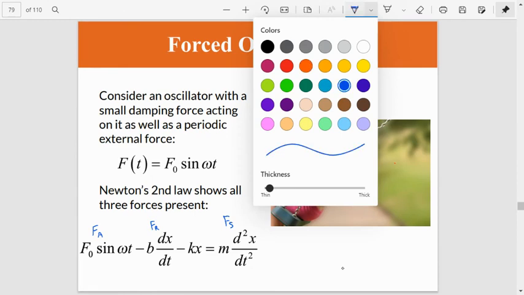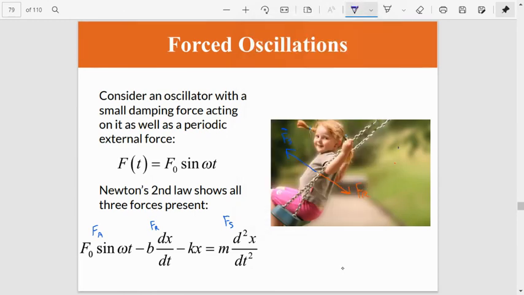So the push that you give the kid is there to offset the damping force, right? Which is due to the heat loss from the swing and friction with air.